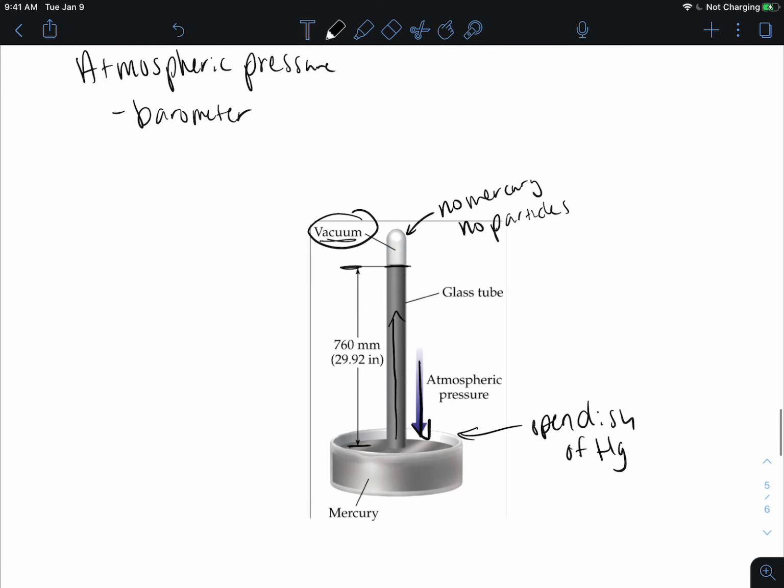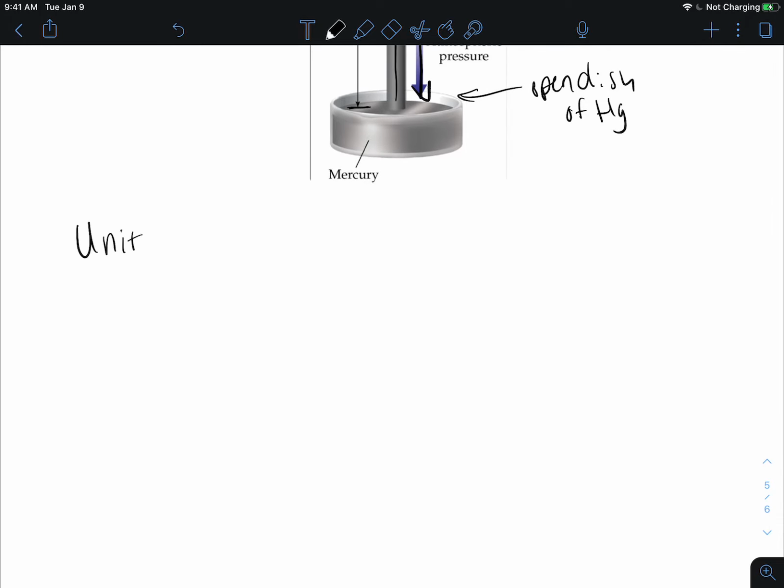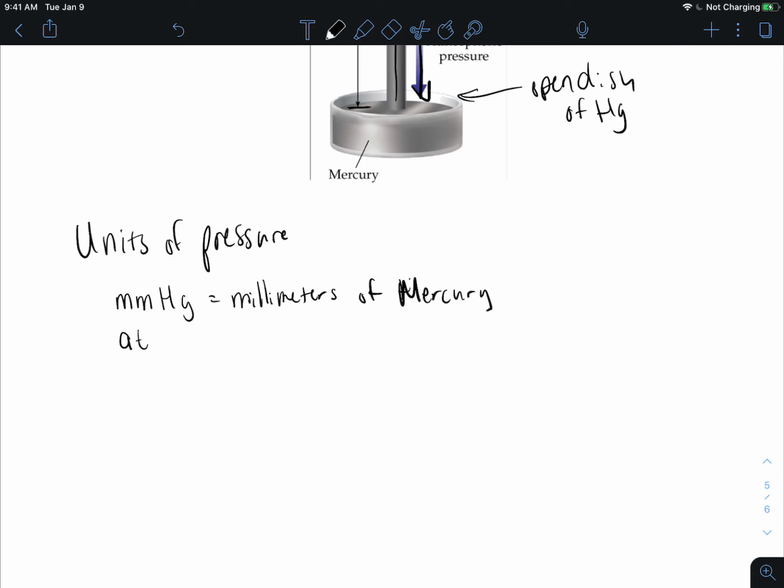So of course, when we're looking at units of pressure, the first one that should come to mind is millimeters of mercury. And that is literally what it is. It's millimeters of mercury. Now, the most common unit that we use is atmospheres. So ATM is atmospheres.